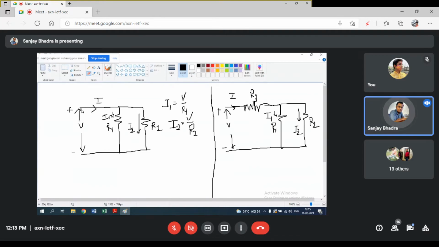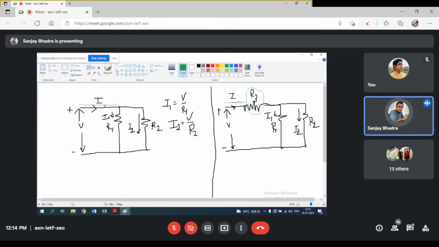This is my I flowing in an uninterrupted manner till it comes to this point. But over here, it is not the case. There is a drop across this resistor.